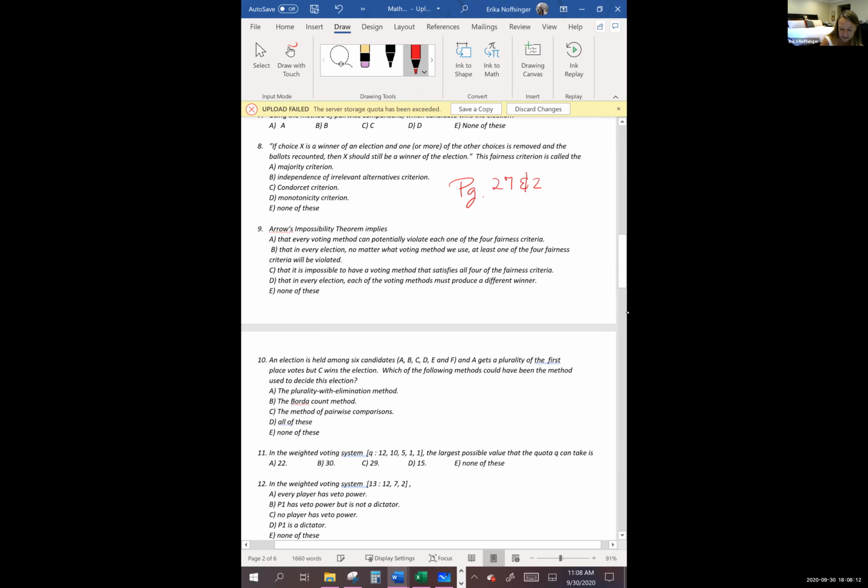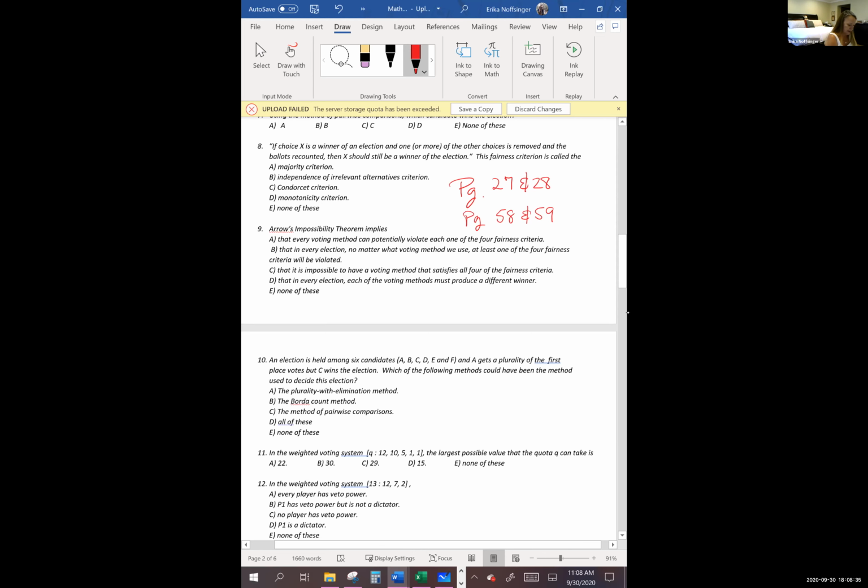Those are the key concepts of chapter 1. And pages 58 and 59, the key concepts of chapter 2.